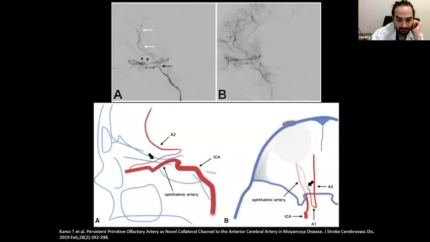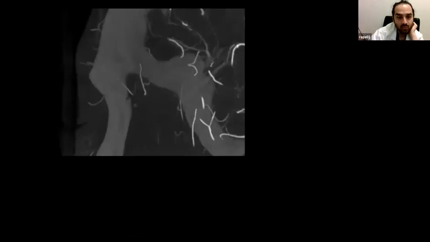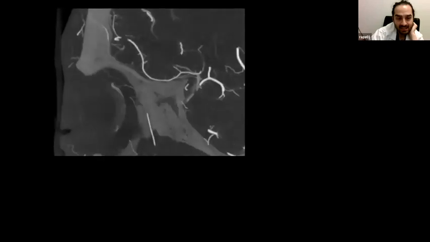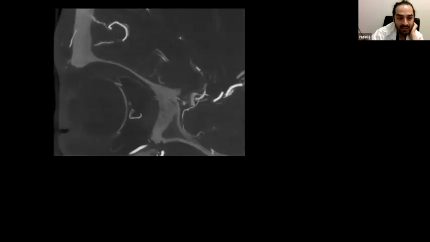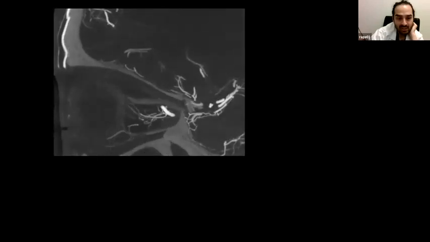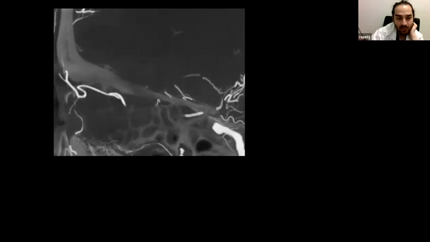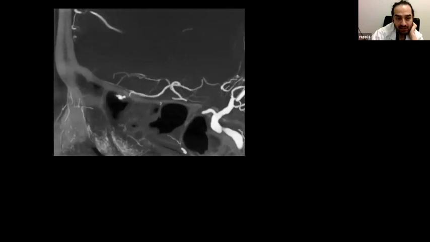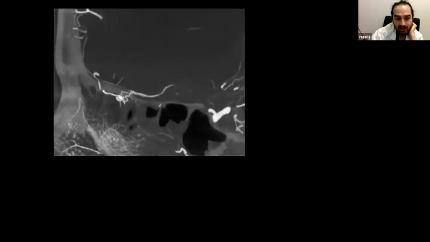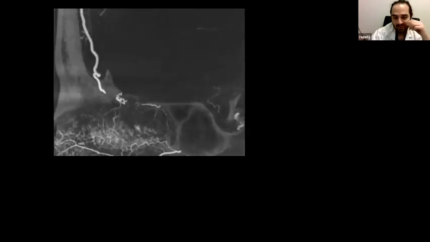This is from a paper in which they describe this anastomotic connection between the ophthalmic artery and the anterior cerebral artery. And this is what we can understand from a DynaCT in a patient with moyamoya. When you scroll through these, you see here an ophthalmic artery, and how from the ethmoidal artery there is this connection with the anterior cerebral artery.